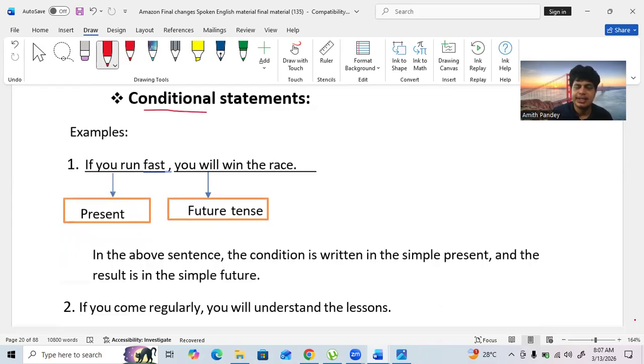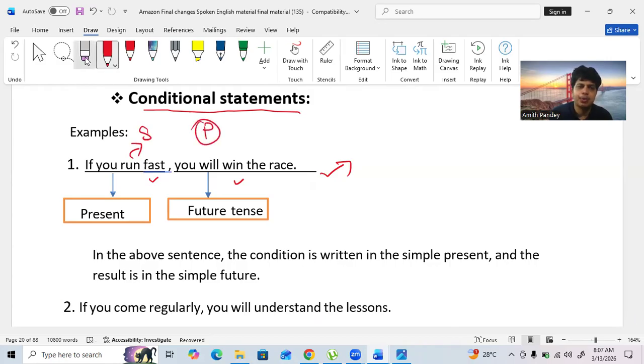Now, the conditional statement, which is also part of simple present. If you are preparing for any competitive exam, don't worry. Even for that, I have started the course. In case anyone needs any help or assistance, you can contact me or comment in the comment section. In grammar, this is written as subordinate and principal clause.